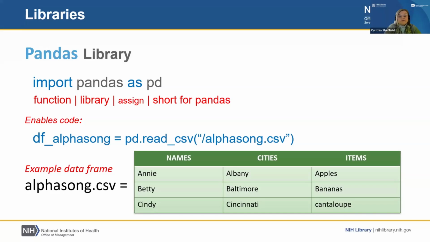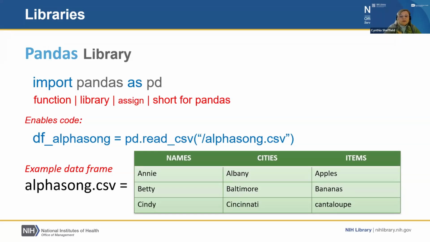And pandas is a fast, powerful, flexible, and easy to use open source data analysis and manipulation tool built on top of Python programming. This tool will read in your .csv or data frame into your code, and it works along with other libraries to perform statistical analysis and visualizations.